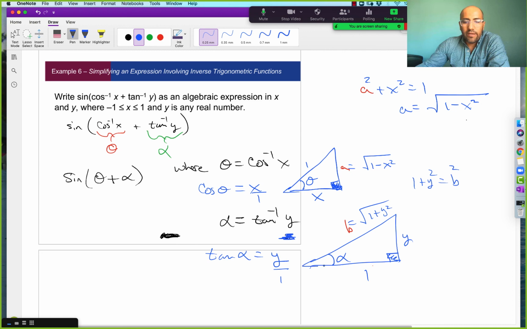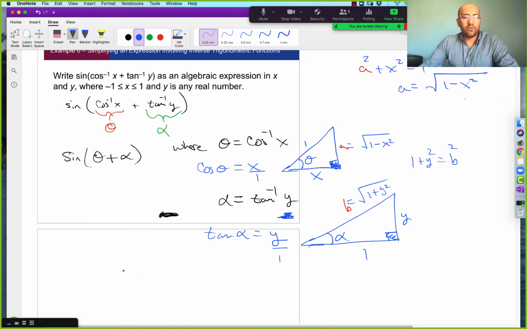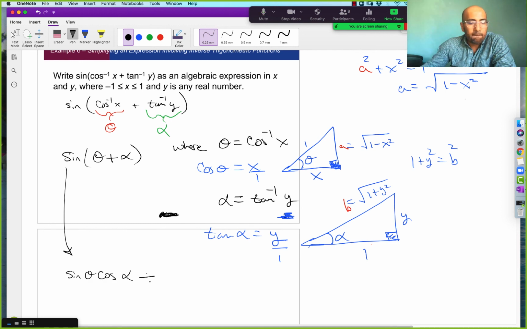Good. So we have these two triangles, and now we can use our formula for the addition. So here we can bring this down. Now this is going to be equal to sine of theta cosine of alpha plus cosine of theta sine of alpha.